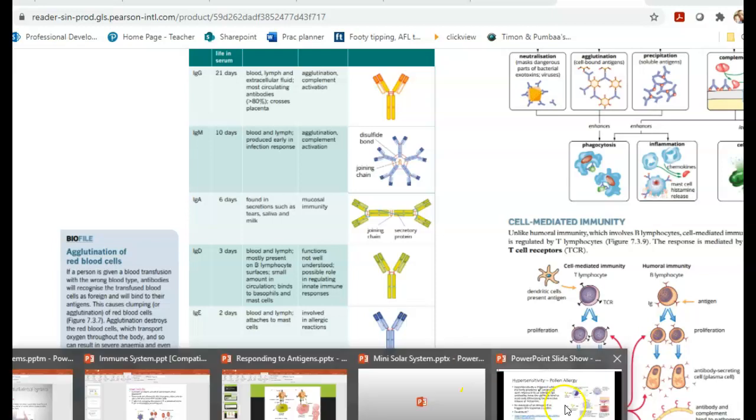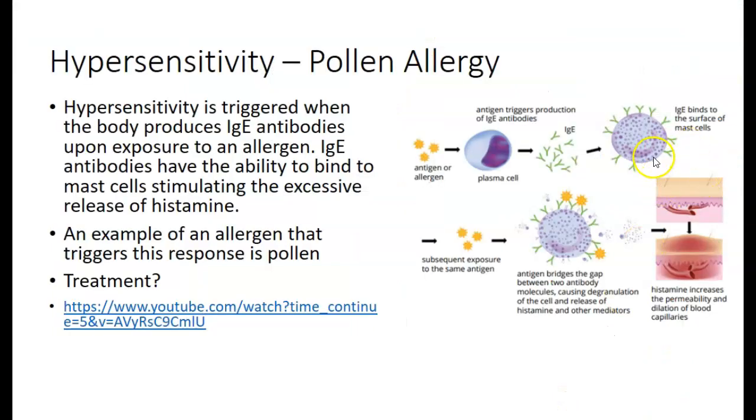With the problem being then that when these antibodies get triggered again, they have an effect on the mast cell which causes an overreaction, a bigger release of histamine the second time around. So it's not the first exposure that will cause the hypersensitivity or give you the symptoms. It's the second exposure to the pollen.